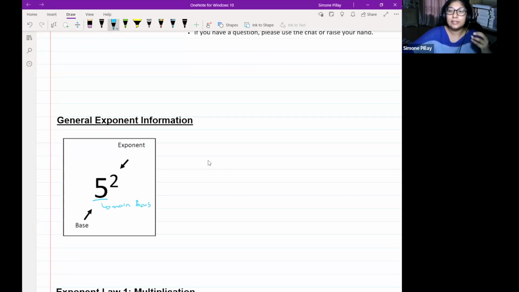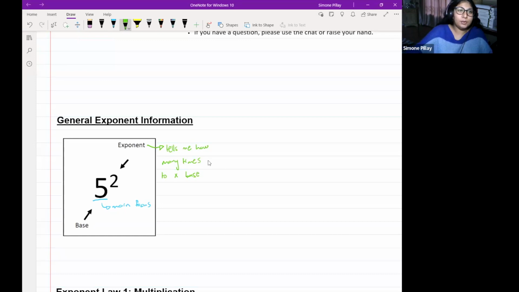Then what you'll see is that you have a little number on the top right, and we call that an exponent. And this exponent, what does my exponent do? My exponent, and let's write it out here, tells me how many times to multiply my base.